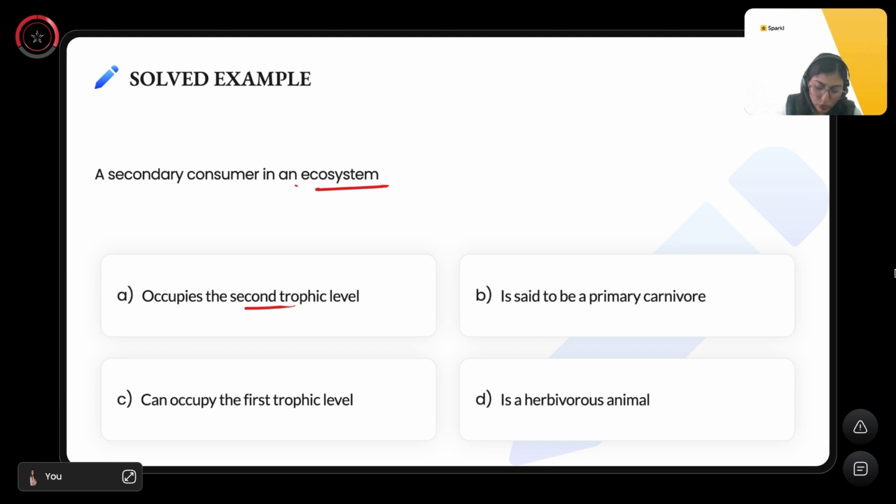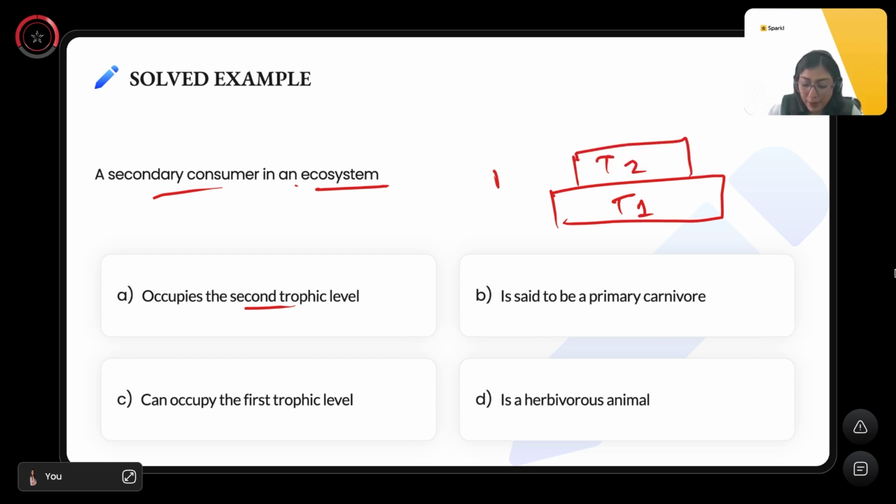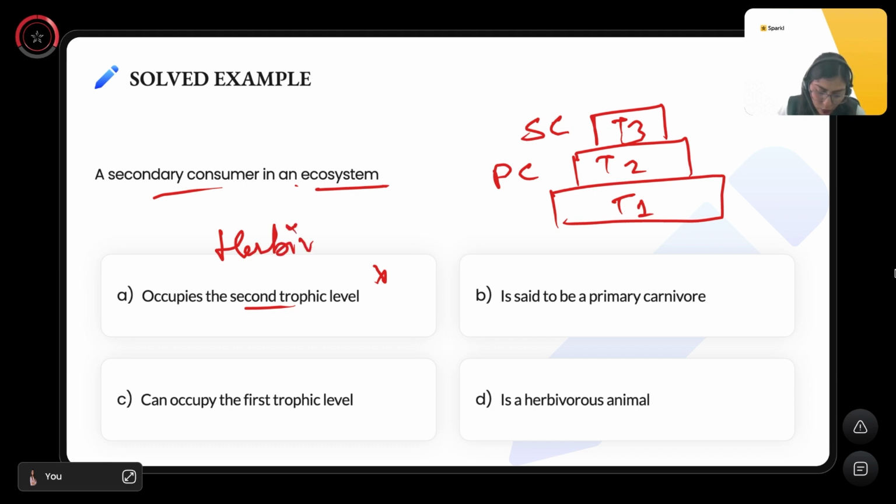Now बेटा जो secondary consumer है, T1 producers at the first trophic level, T2 primary consumers at the second trophic level which are herbivores directly feeding on the producers, T3 that is the secondary consumers जो कि हम carnivores जिन्हें बोलते हैं. Now these are at the third trophic level, not at the second trophic level. Okay, second trophic level पे कौन रहेंगे बेटा? Second trophic level पे हम देखेंगे herbivores को, primary consumers.